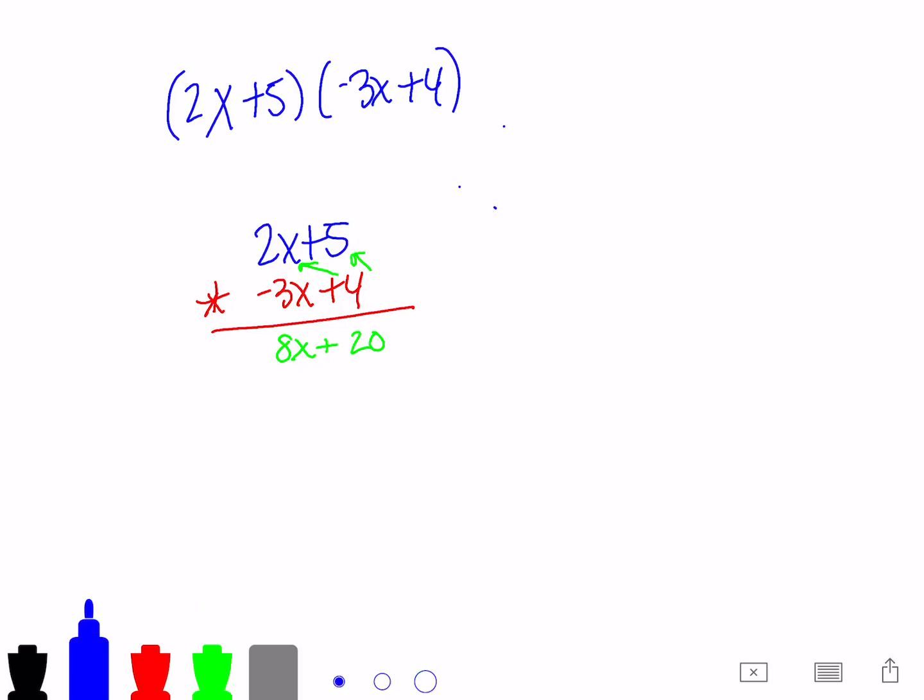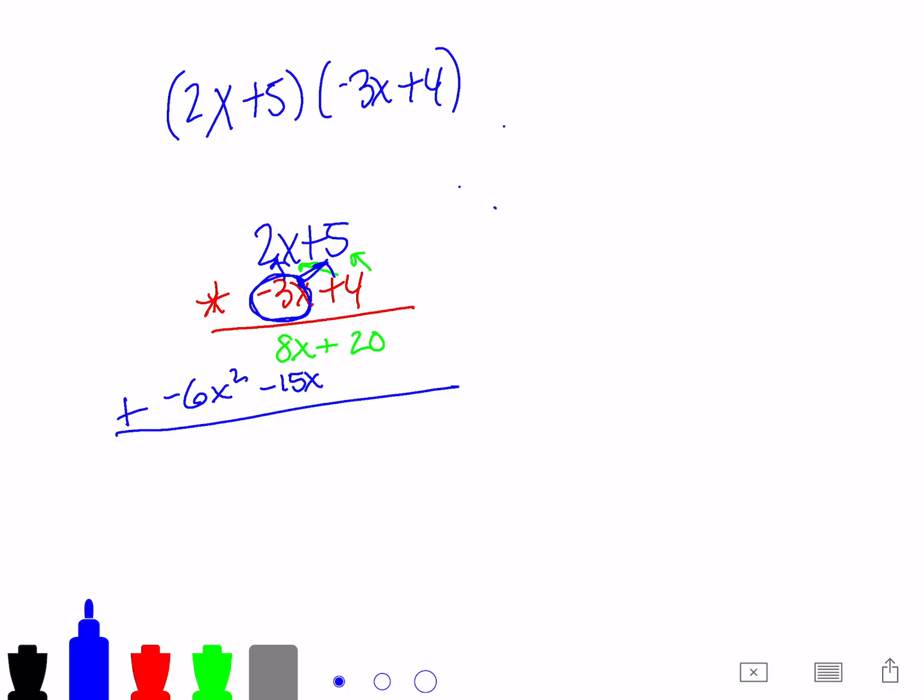Then I'm going to take the negative 3x and times it by the 5, so that gives us negative 15x. And now notice, the 20 and the negative 15x are not like terms, so I'm going to put it here where it is a like term. So negative 15x, and then I need to do negative 3x times 2x, which is negative 6x squared.